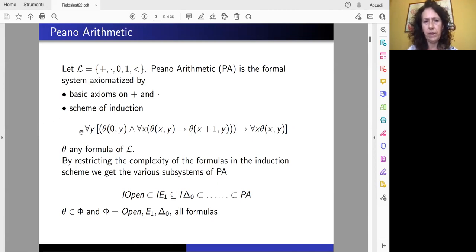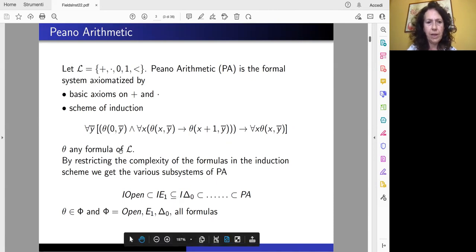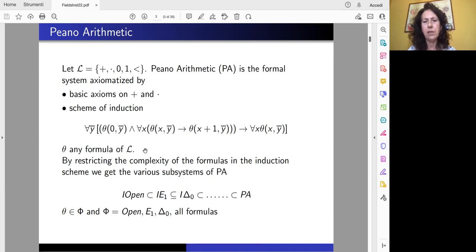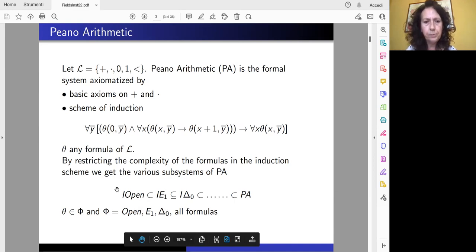What determines the character of Peano arithmetic is the scheme of induction, so we have induction on every definable set. By restricting the complexity of the formulas where we apply induction, we get different subsystems of Peano arithmetic. I wrote here just a couple of them, which may be a bit more interesting.